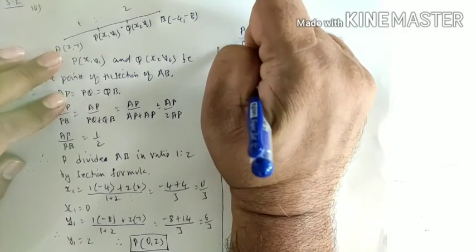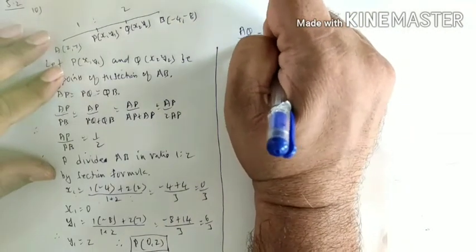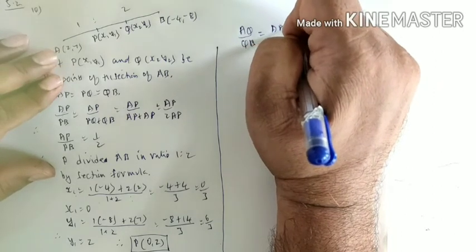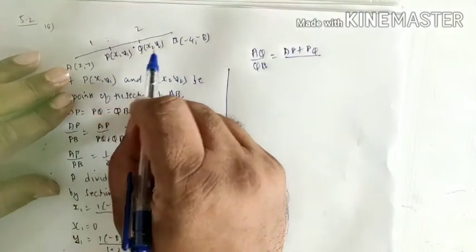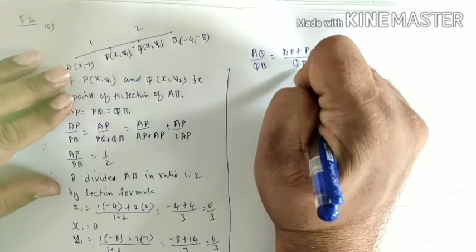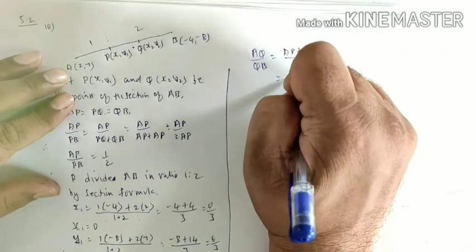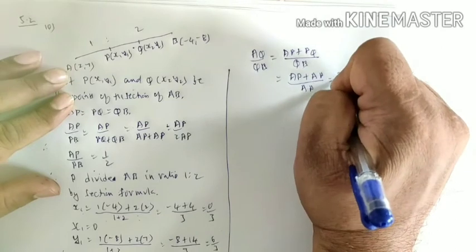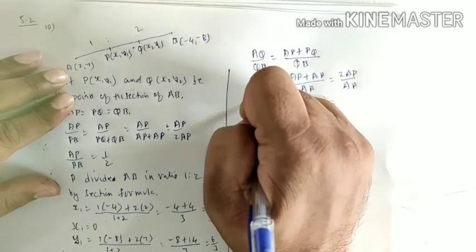AQ upon QB is equal to AP plus PQ upon AP plus PQ upon QB, which is equal to, see AP plus PQ means we can write it as AP plus AP upon AP, which is equal to 2AP upon AP, that is equal to 2 upon 1.